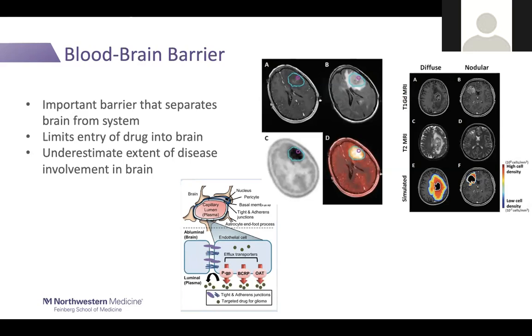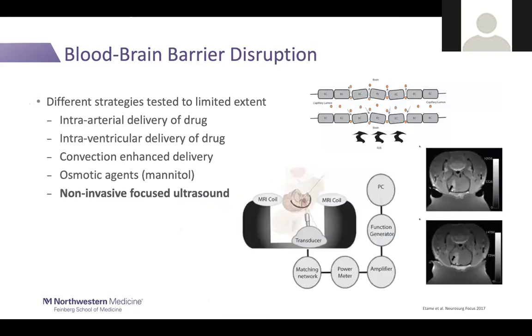And so getting that open may help drugs get in. Drugs that we may traditionally have thought to not be effective may actually work, or may be beneficial. We're just able to get them into the brain tissue basically. And so there's a lot of work being done, including at Northwestern, where they're finding ways to disrupt the blood-brain barrier. There are different ways to do that.